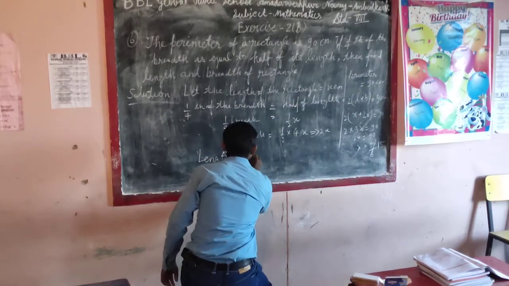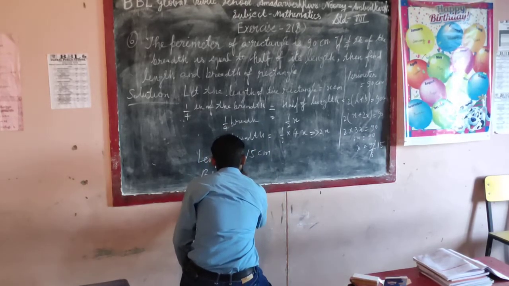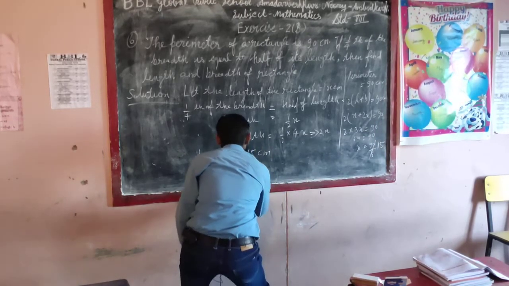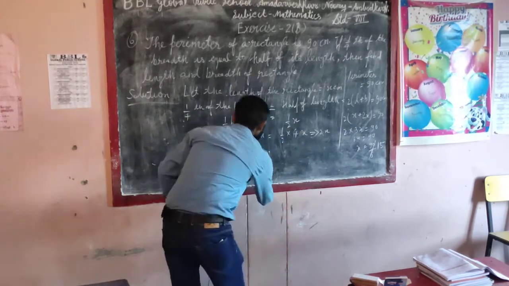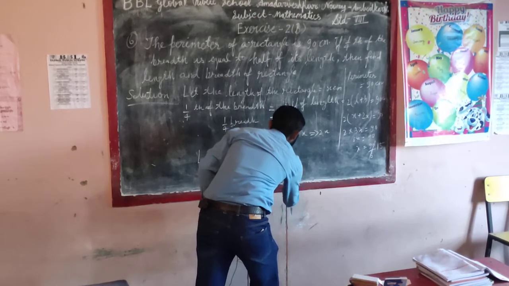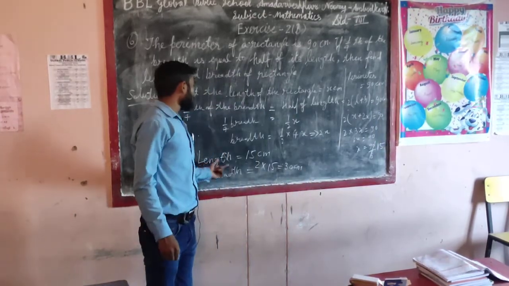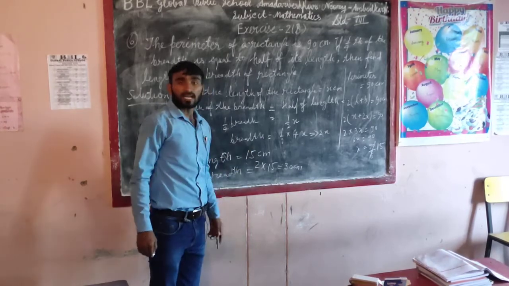Length will be 15 centimeter and breadth will be 2x, 2 into 15, which is 30 centimeter.